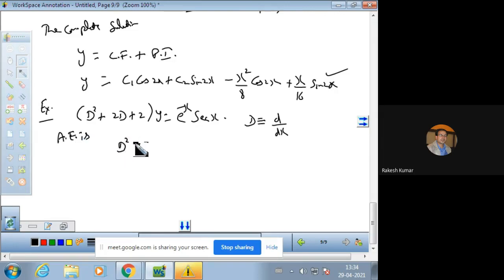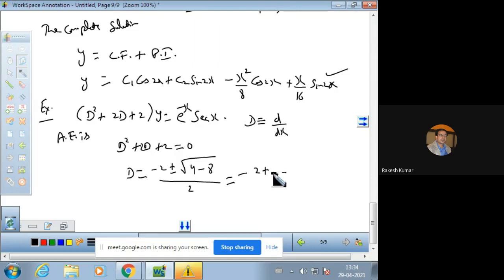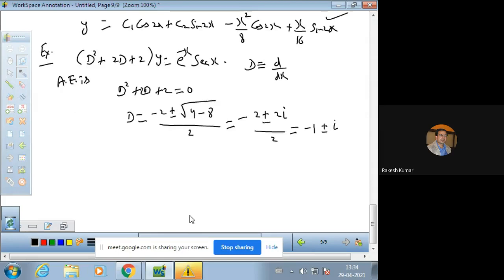The auxiliary equation will be D square plus 2D plus 2 is equal to 0, and you will be able to find the values of D by the discriminant method, and that comes out to be minus 2 plus minus 2 iota upon 2, and that will be minus 1 plus minus iota. Again, the roots are imaginary roots.